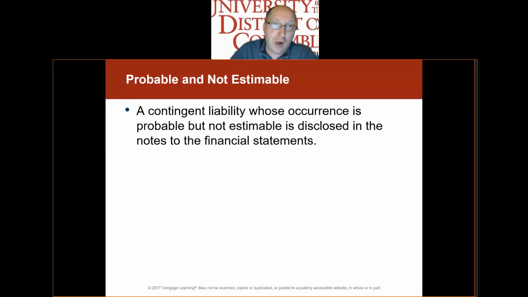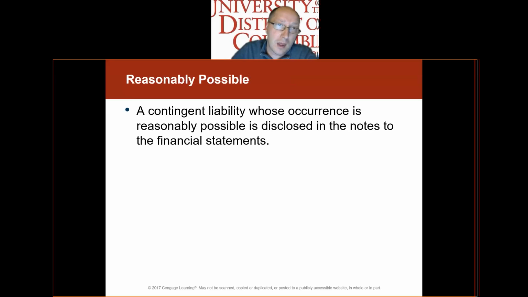When something is probable but not estimable, the contingent liability is disclosed in the notes of the financial statements. If something is reasonably possible, meaning there's a pretty good chance that could happen, we disclose it in the notes to the financial statements.